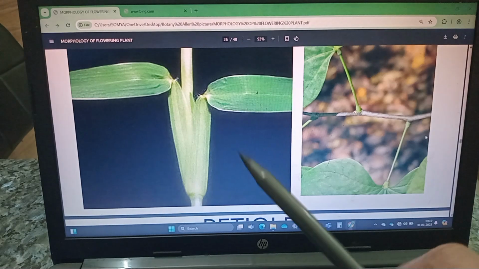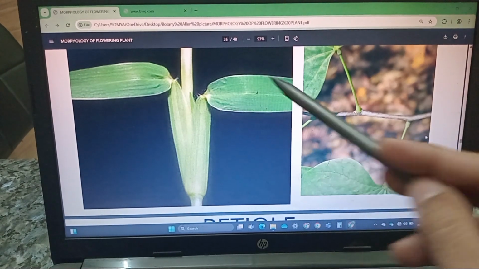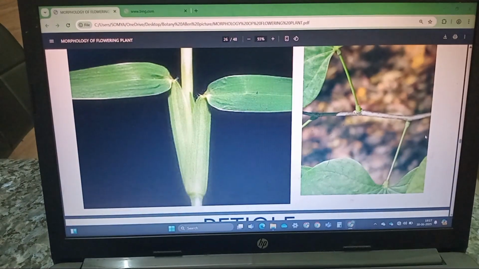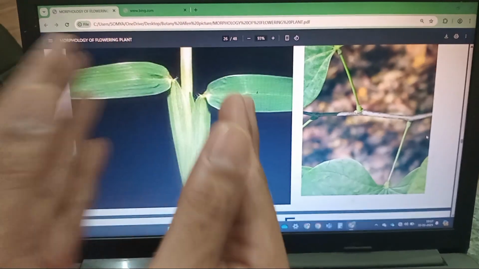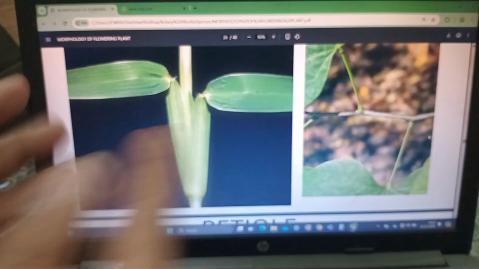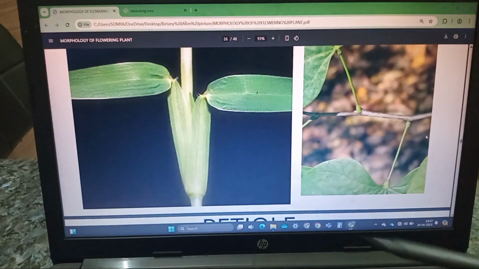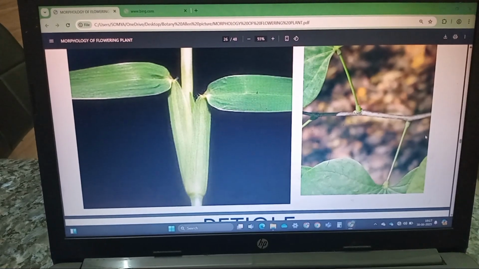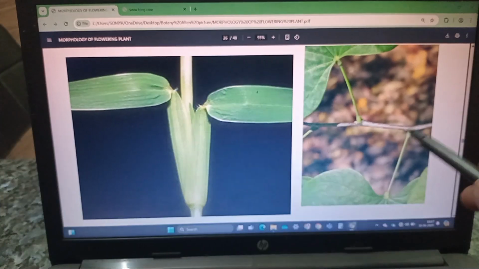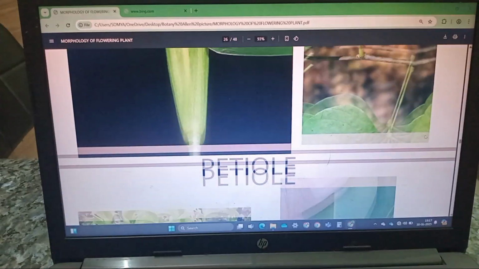The base of this leaf in monocotyledons is like so as to cover up the stem from both the sides. In case of monocot plants, the petiole is enlarged in case of some leguminous plants.